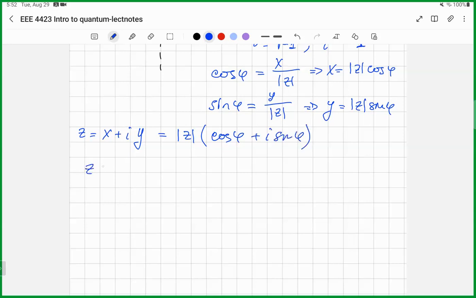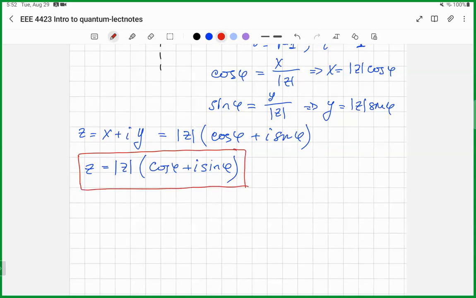So let me rewrite this here: z equals the modulus of z times (cosine phi plus i sine phi). So this is the sine-cosine representation of the complex number.